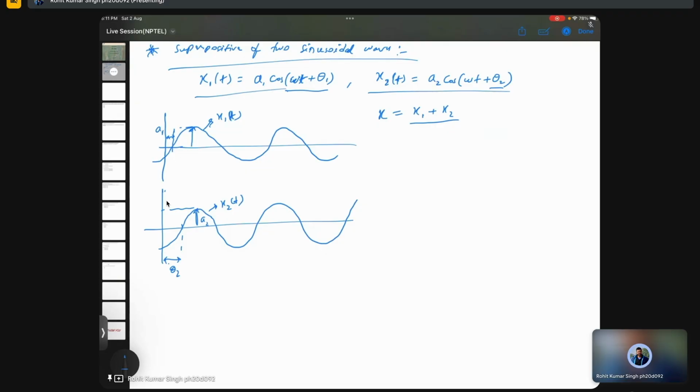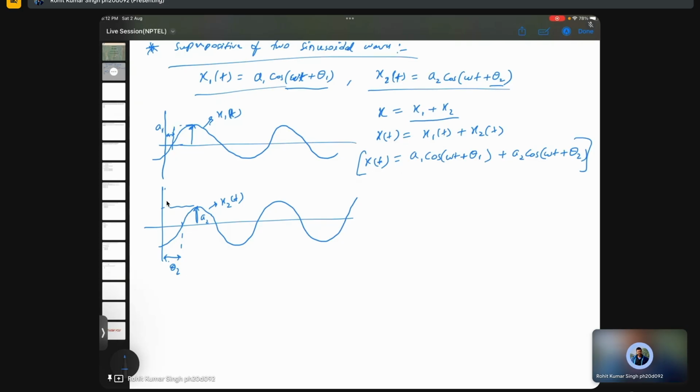So x at any time t will be x1 at time t plus x2 at time t, which in terms of our definition above you can write as a1 cos omega t plus theta 1, plus a2 cos omega t plus theta 2. This is the equation of a superposed wave, with different amplitude and different phase.